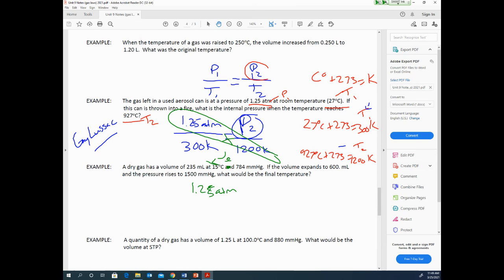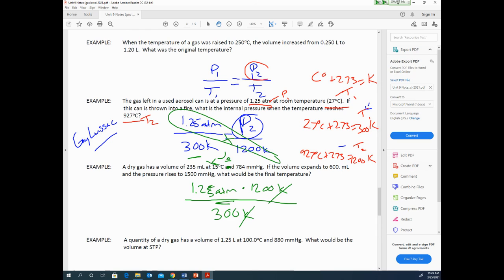So 1.25 ATM times 1200 K is going to be divided by what was left over, which was this 300 degrees Kelvin, or 300 K. Now notice how the units are going to cancel. So K and K are on top of each other, so they're gone. And it's going to leave me with the ATM unit, which is a pressure unit, which is what they asked me for. We're solving for P2, which is a pressure unit. So I know it's set up correctly because the right units cancel.